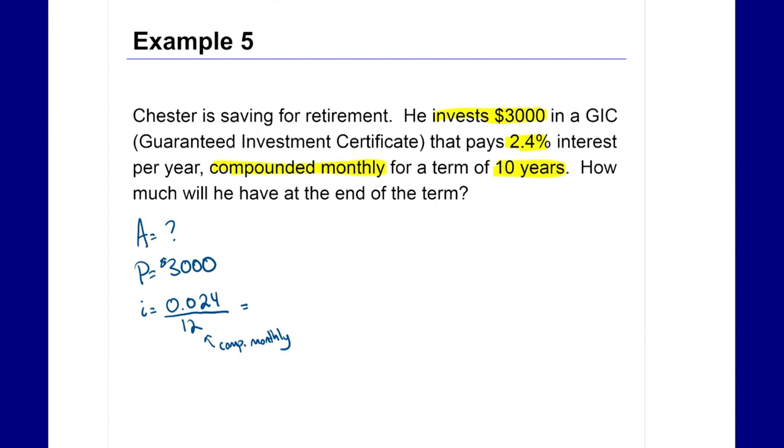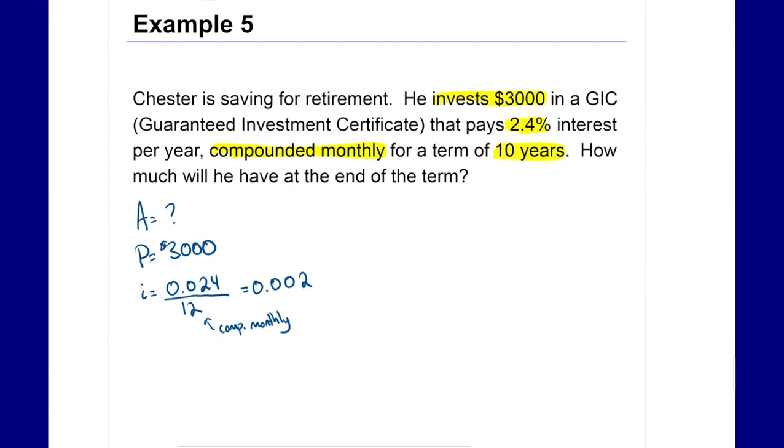So it's 2.4% for the year, but we divide it by 12 and we get 0.002, basically 0.2% per compounding period, or 0.2% per month. Our N is going to be 10 years times 12 because it's compounded monthly.